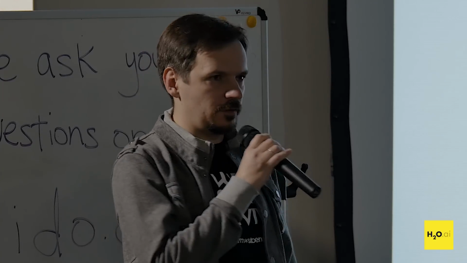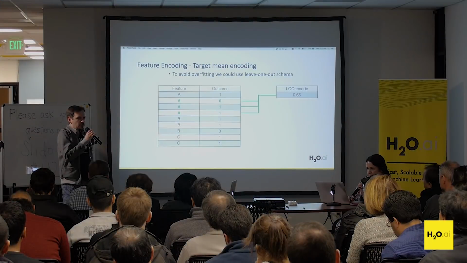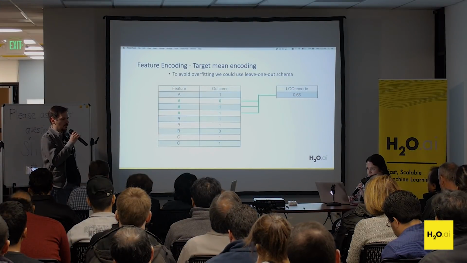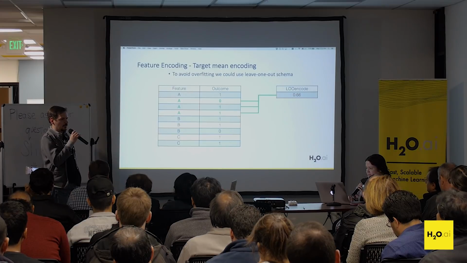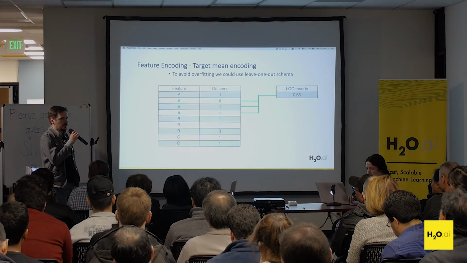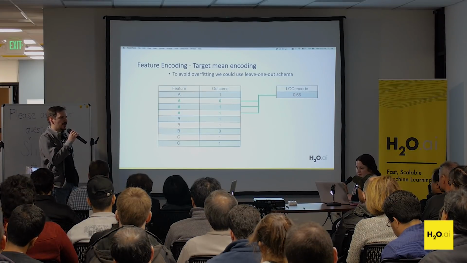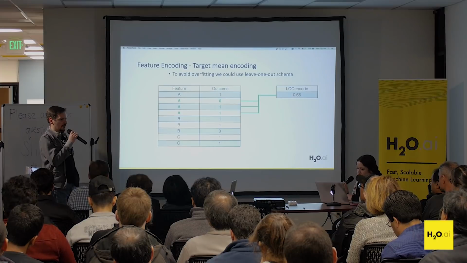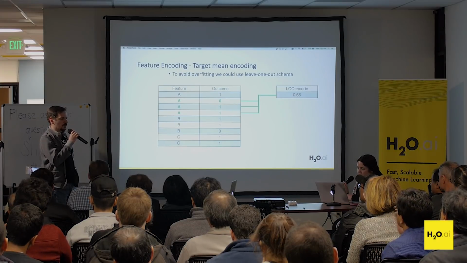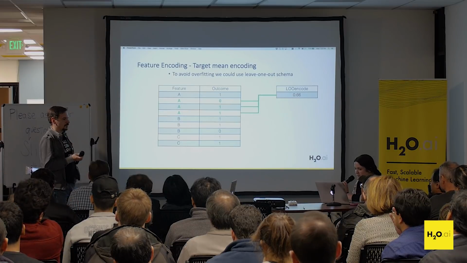Just go on Kaggle and Google target encoding. You also can try a lucky search on GitHub. Do exactly the same. Just Google GitHub for target encoding. I'm pretty sure you'll find something. If I find the package I'm referring to, I will post the link on the meetup page.